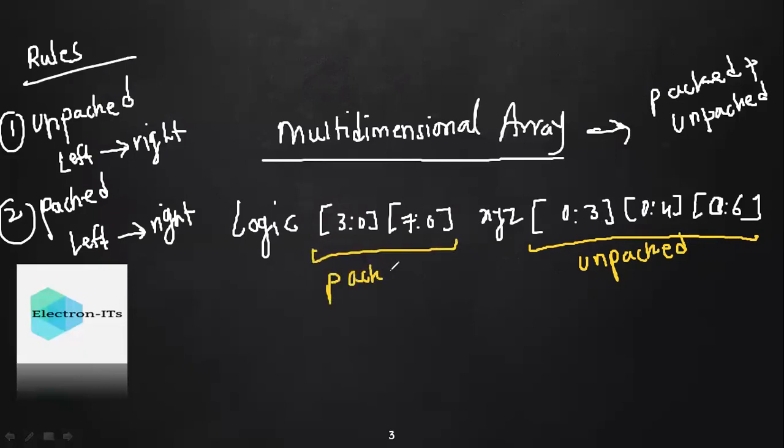So first you have to focus on unpacked and then come back to packed, and again you have to follow the sequence from left to right. So this is your left section and this is your right section. Similarly here, left to right. This sequence you have to follow always, left to right.